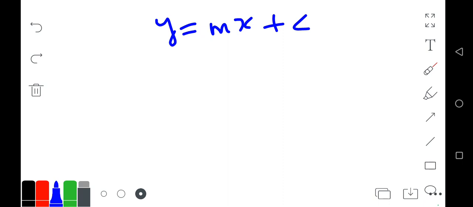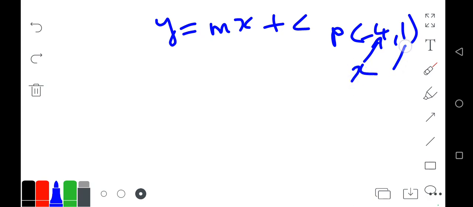In this case, we are given the point P (-4, 1). The first number there is for x, the second number is for y. So where there is y, we're going to put 1.